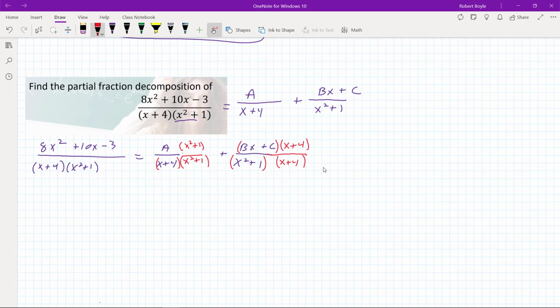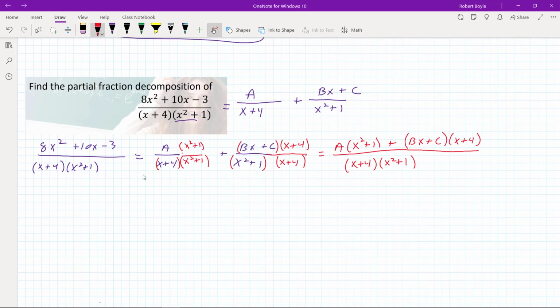That will give me a times the quantity x squared plus 1 plus bx plus c times the quantity x plus 4, and all of that is going to be divided by x plus 4 times x squared plus 1.